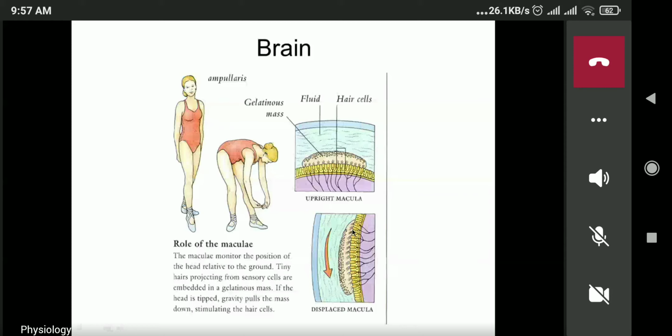So the hairs of the hair cells move, and from here nerve impulses go to the central nervous system, so that tone, posture and equilibrium are maintained by this, right? Up to this, clear?